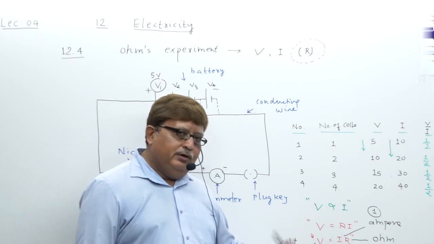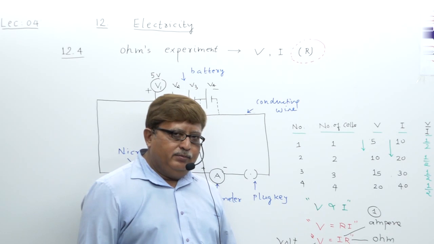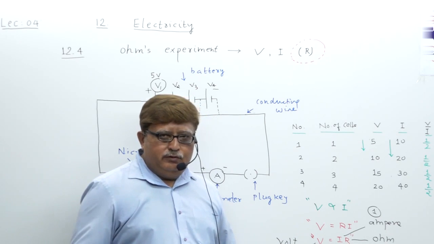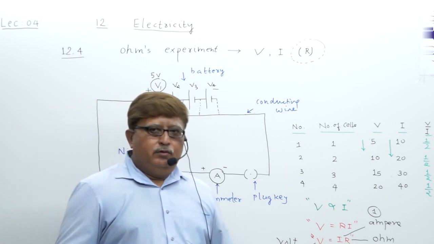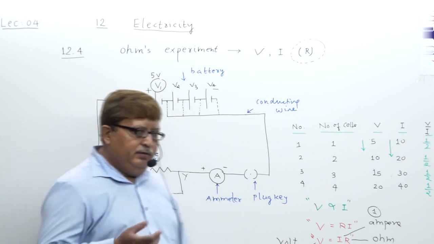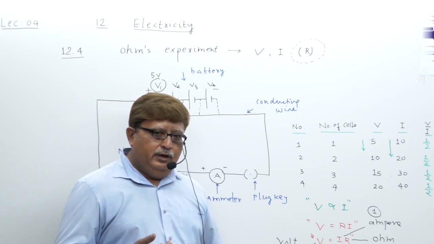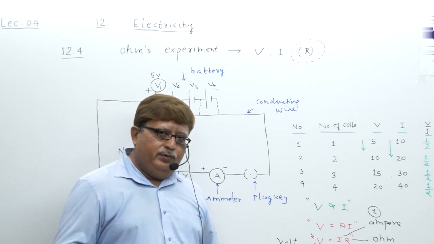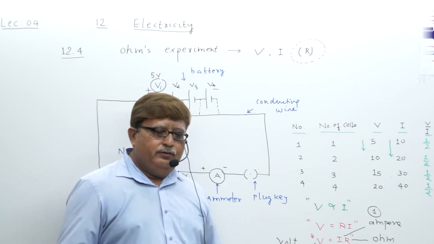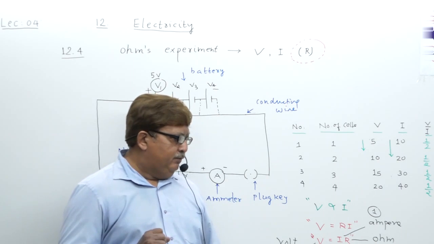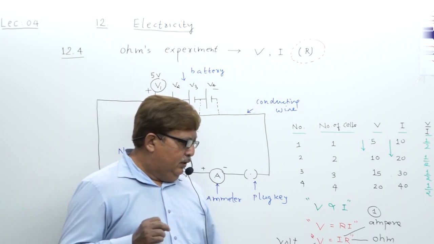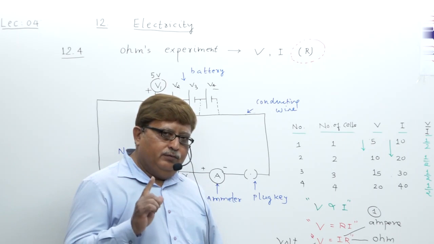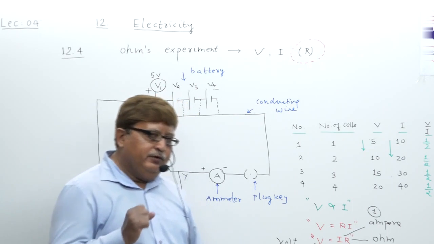So now only one definition is left. Resistance is measured in ohm. As we defined 1 volt and 1 ampere, let us try to define and understand the meaning of 1 ohm resistance.